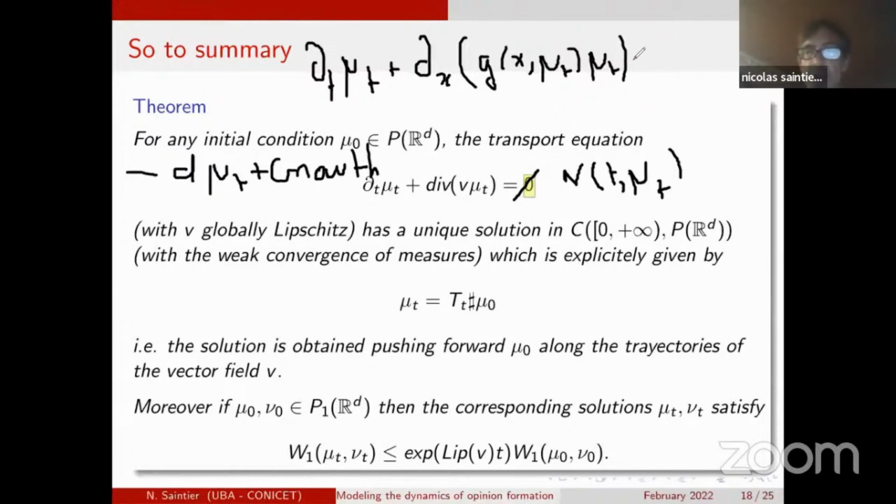You could add a death term here, and again, the death coefficient could depend on mu. If the population is big, there is a lot of competition among individuals to get resources, so maybe they are dying faster.